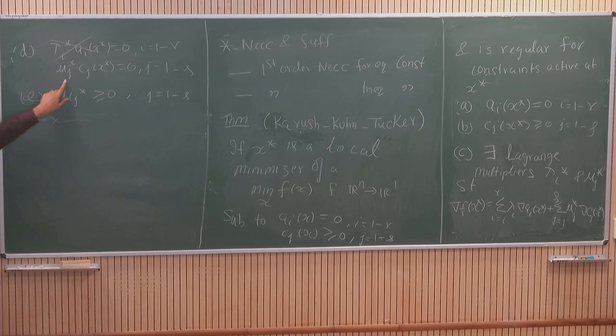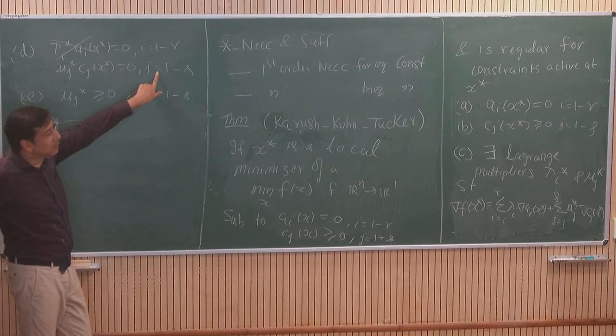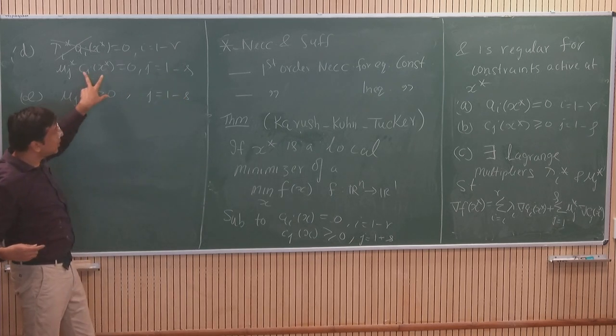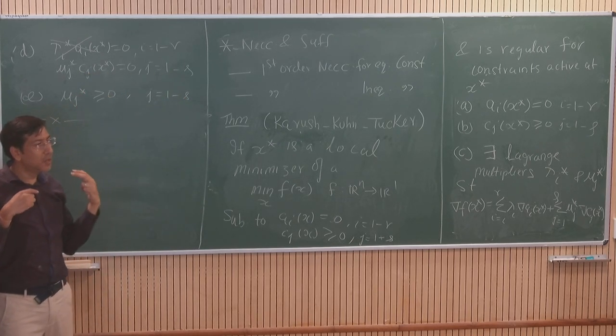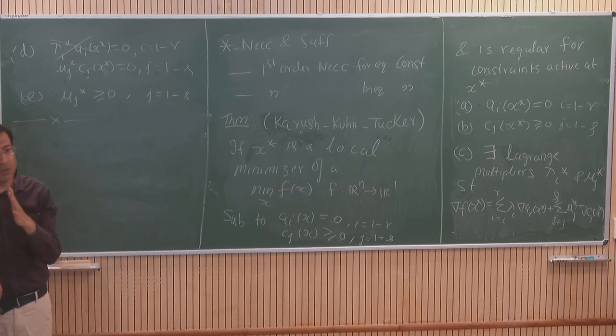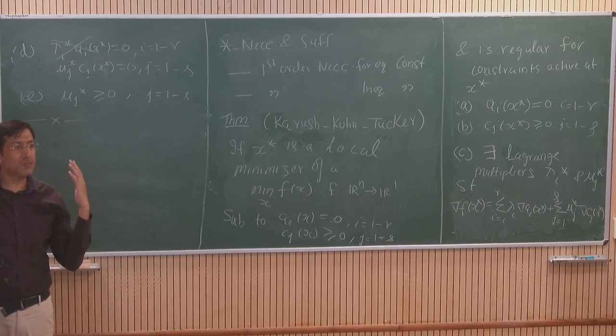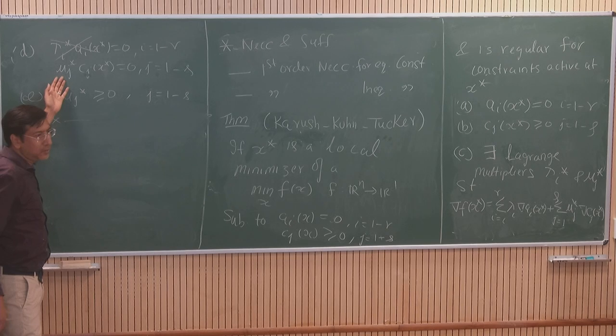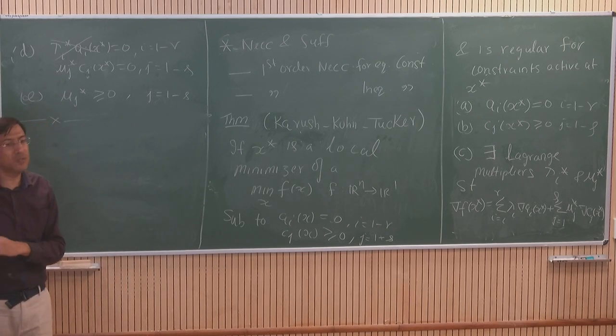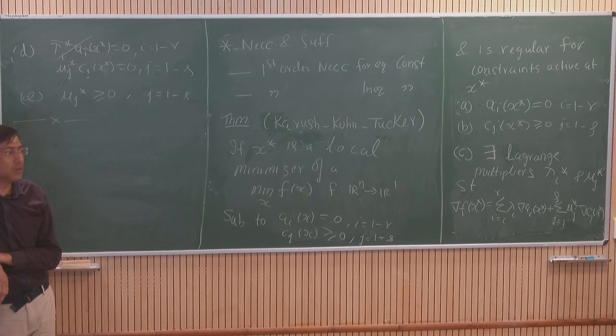In fact, the complementarity condition need not be true for all s. There would be a set of c_j's which will be active, which means some c_j's will be equal to 0, and some c_j's will be strictly greater than 0, the inactive ones. For the ones which are active, you would not need to satisfy this, but it will be needed for the ones which are inactive. So there will be a reduced set of equations which you work with, which we'll see when we solve the problem.